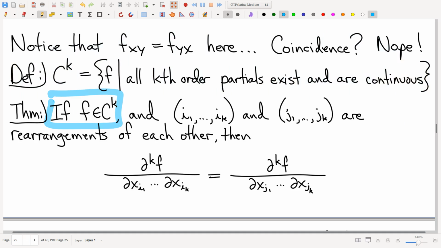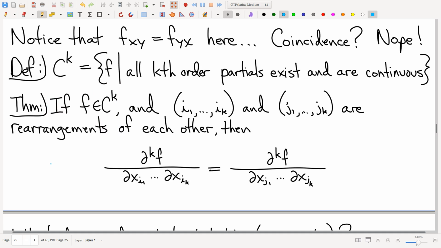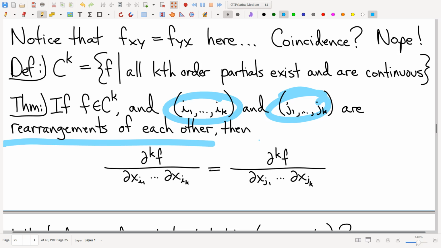Okay. All right, so with that definition made, that's the condition. If you have a function that is C^k, in other words, if the partial derivatives exist and are continuous up to at least order k, then, and now forgive my notation here, it takes a little clunky notation to state this theorem. The idea is that these are what we call rearrangements of each other. In other words, if you take a list of indices and shuffle them around in whatever order, those are called rearrangements.